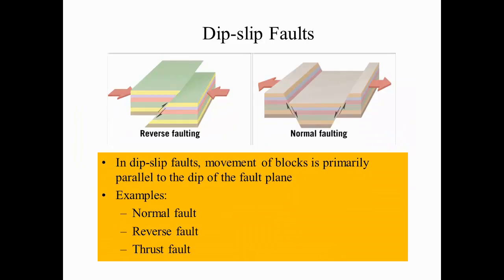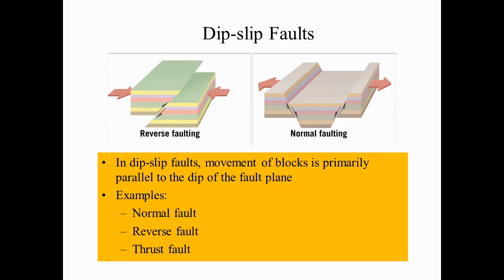Now let's begin with what are called dip-slip faults. Now in dip-slip faults, the movement of blocks is primarily parallel to the overall dip of the fault plane. So here, if you look at these two figures, we see that the fault planes are dipping at an angle to the horizontal, and we can actually measure the dip angle of the faults on the surface.